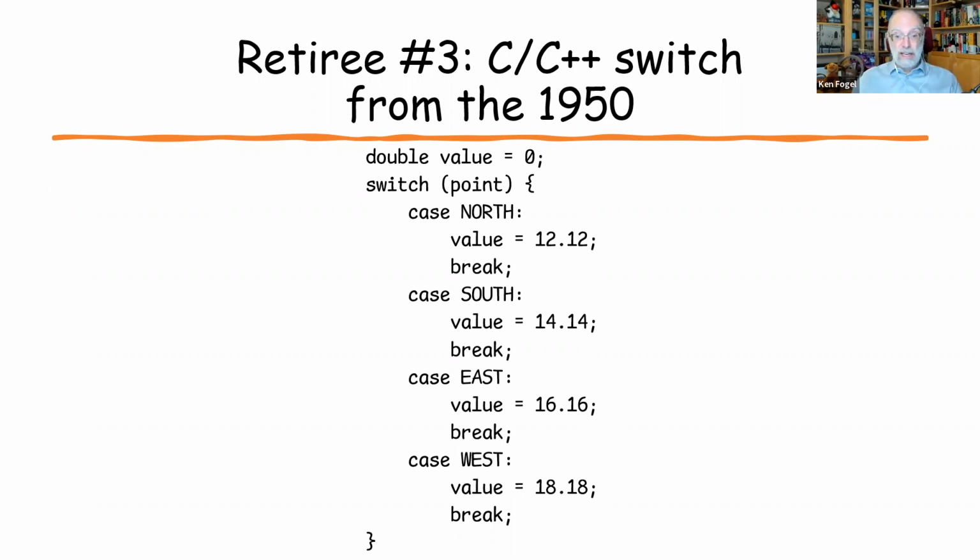The idea that a switch looks for a comparison for equality, right? We're looking to see if point matches either north, south, east, or west. Looking at those words, we know they are constants. And because of the initial nature of switch, they also had to be integers.